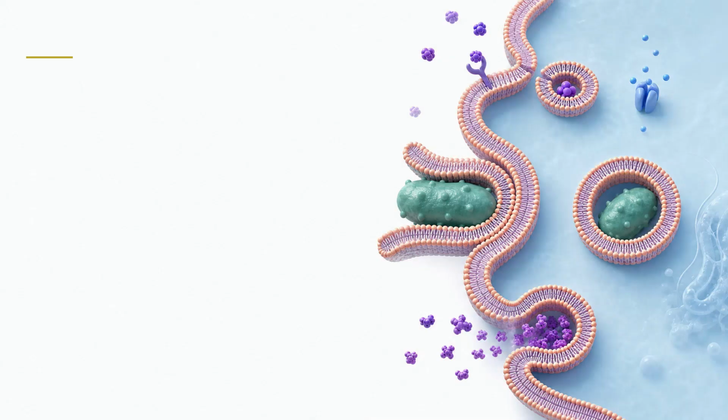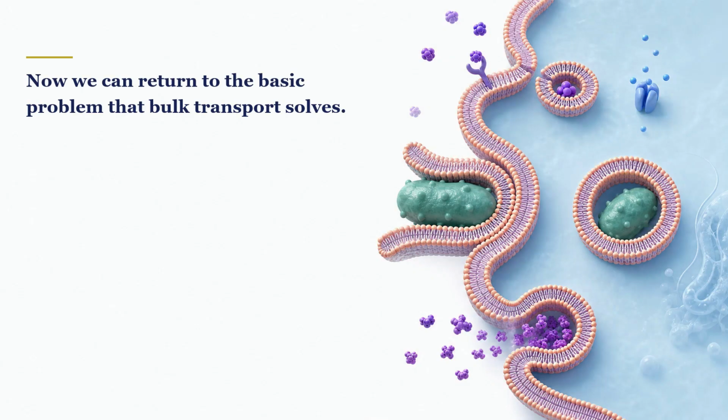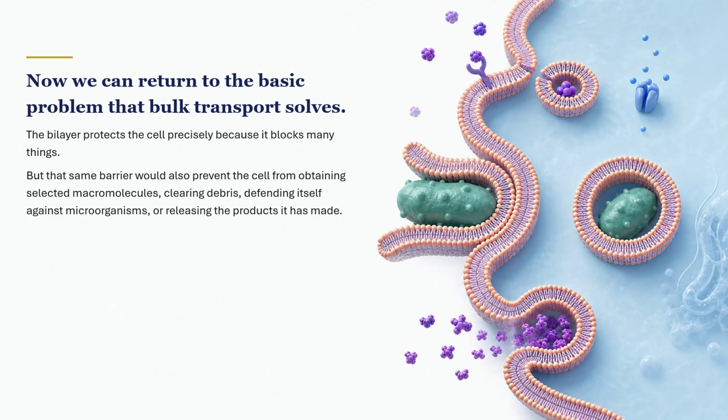Now we can return to the basic problem that bulk transport solves. The bilayer protects the cell precisely because it blocks many things. But that same barrier would also prevent the cell from obtaining selected macromolecules, clearing debris, defending itself against microorganisms, or releasing the products it has made.